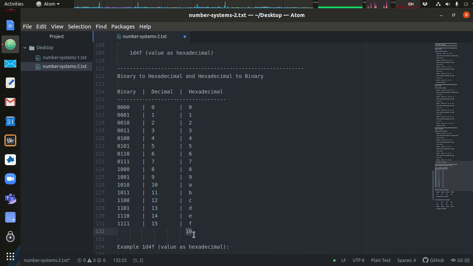So 1 0 in hexadecimal is actually 16, and then 1 1 would be 17. So same over here with binary. If I rolled over and had 1 more here, that would make this one roll over, that one roll over, that one roll over, and then I'd have 1 more digit. So the cool thing here is that binary, 4 digits of it, translates perfectly to 1 digit of hexadecimal.